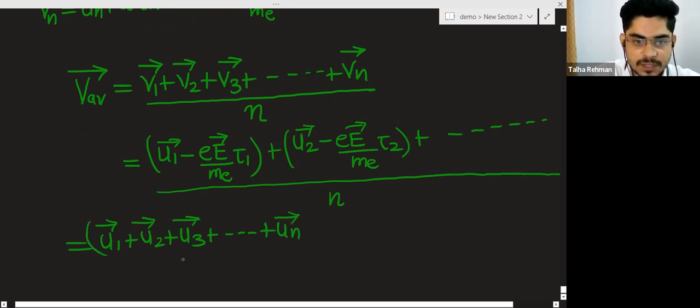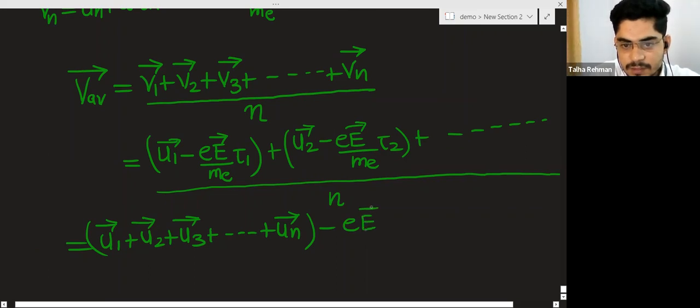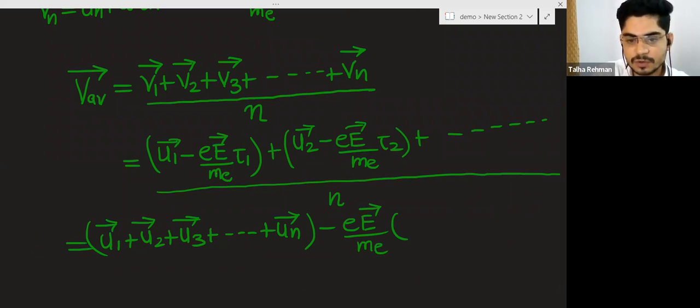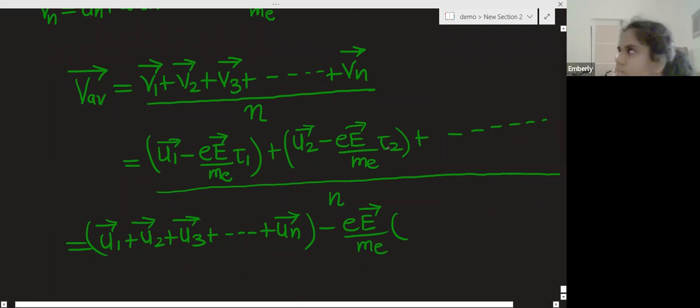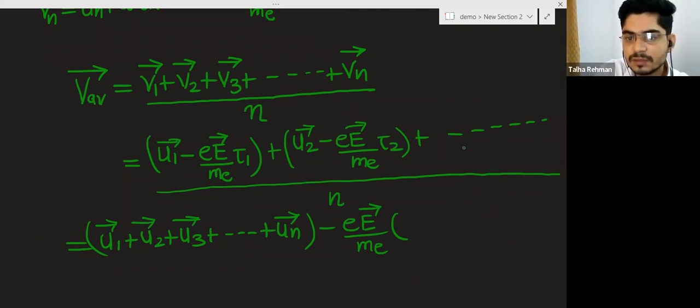I can write this minus. Now this term e E by m is common in all, so I am writing e E divided by m e directly, otherwise it will take a large amount of time. And now what will remain here? So I can write tau 1 plus tau 2 plus tau 3.